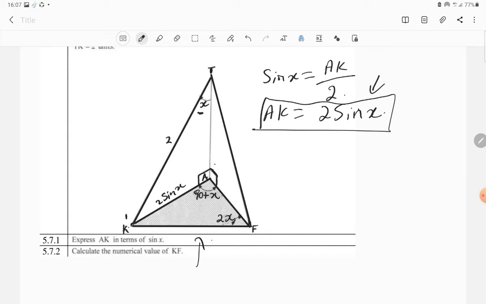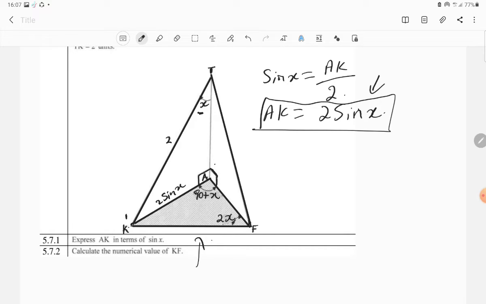What is given there? I believe that we can also find something. So the idea here is to figure out what this is. If we can find this side, how can we find this side?